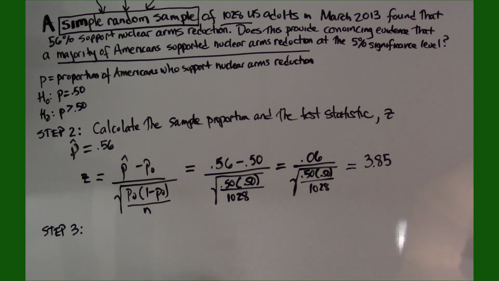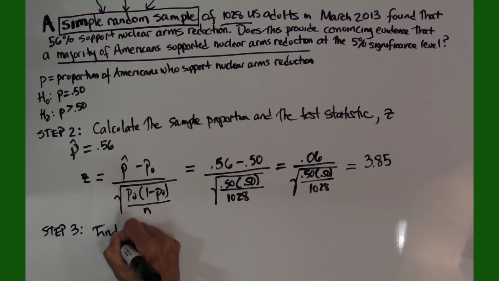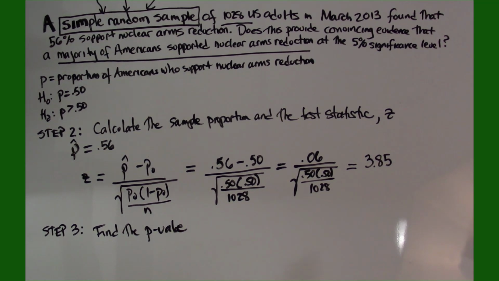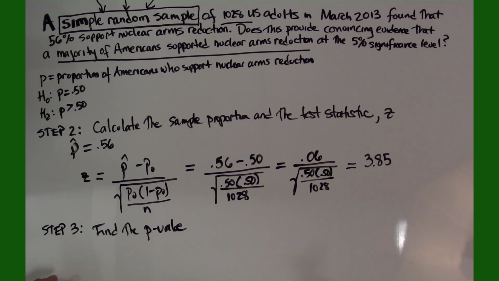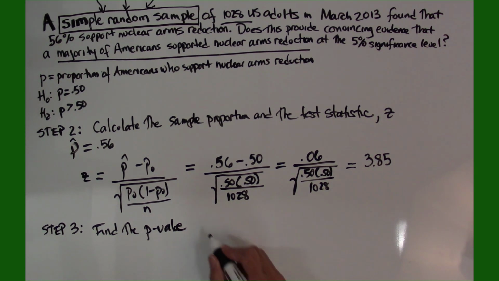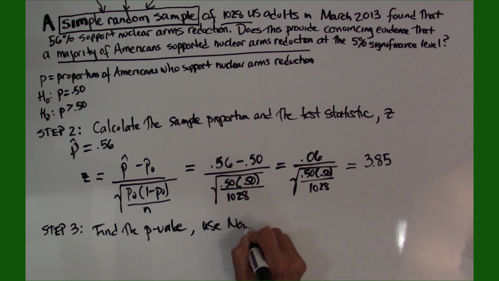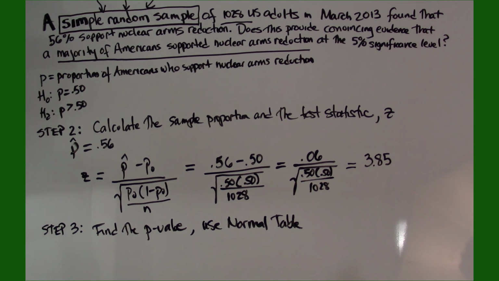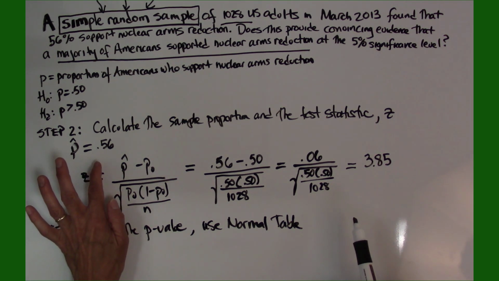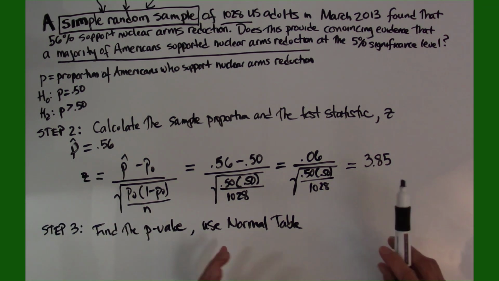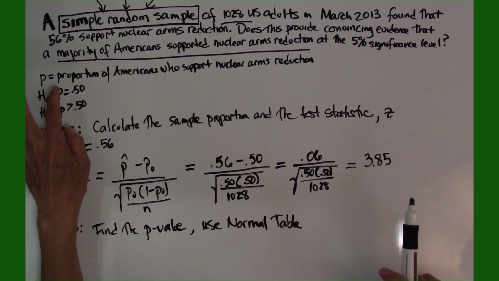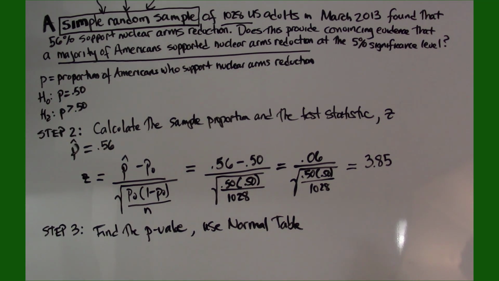What we're going to do in step 3 is find the p-value. There are 2 ways to find the p-value. We can use technology, but we won't be using technology. We're going to use the normal table. So what is the p-value? The p-value is the probability of observing a sample proportion that's 3.85 standard deviations or more above 0.5, assuming that 0.5 is the true proportion.